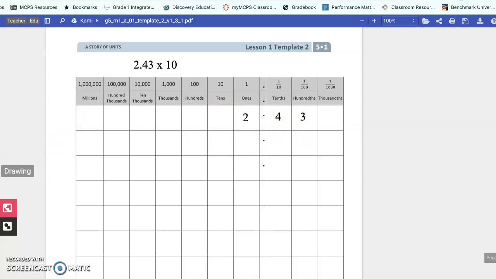So to start us off, we learned in our younger grades that if we take 2 ones and multiply them by 10, we know 2 times 10 is 20, or 2 tens. 20 is the same as 2 tens. So as a result, our 2 has moved on the place value chart from the ones place to the tens place. The same thing is going to happen to my 4 tenths when I multiply them by 10.